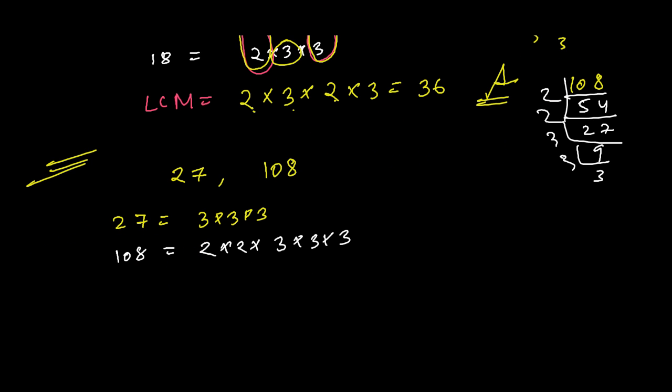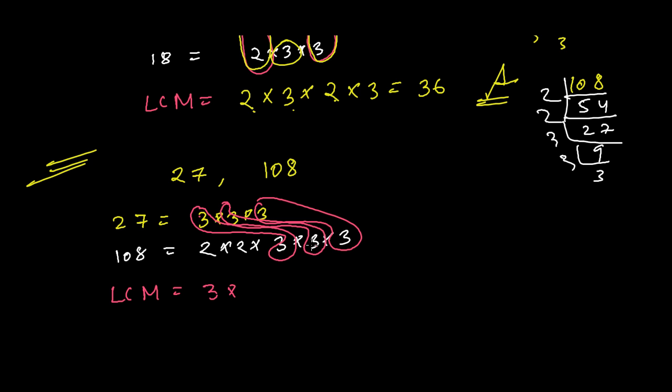Now see what things are getting paired and unpaired. All right, so this 3 is going to get paired here. Similarly this 3 is going to get paired. Similarly this 3 is getting paired. So all 3 are getting paired. So while I write the LCM, first I'll write the paired things. For each pair I'll write only 1.